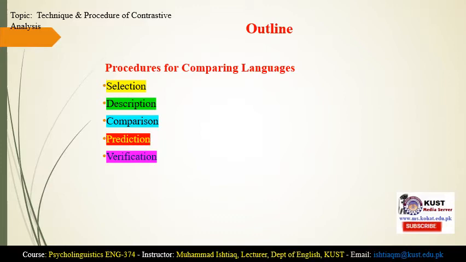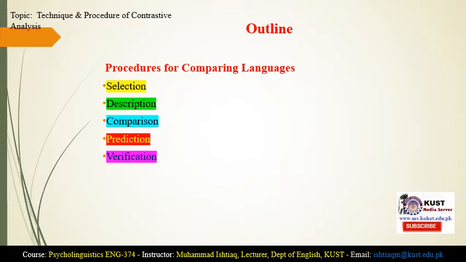So apparently it's considered to be contrastive analysis, but it does not only look for differences; it also looks for similarities. So comparison involves looking for similarities and dissimilarities or differences between the structures, functions, and distributions of the different items of the two languages or different systems of the two languages in question.